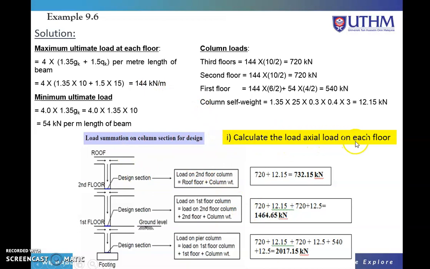And okay, calculate the load axial on each floor. Okay, yang kita dapat tadi adalah column loads dekat setiap floor. Tapi untuk kira design section, okay, load on the second floor column akan bawa roof floor plus the column weight. Okay, so ini adalah dia punya roof cut dan ini adalah column self weight. So dia akan carry the load on the second floor column.